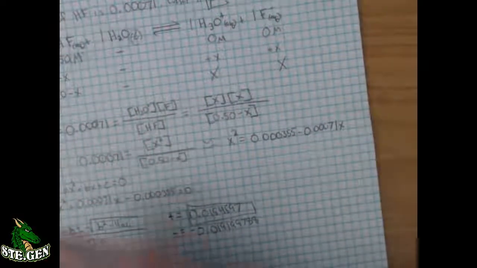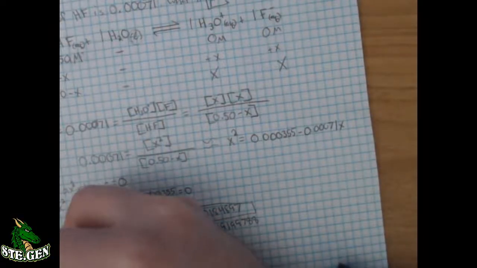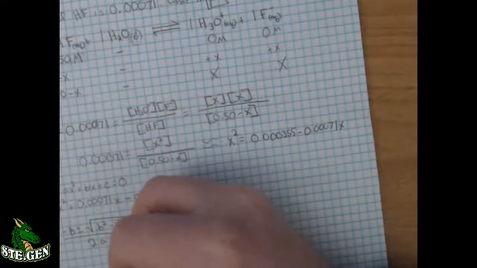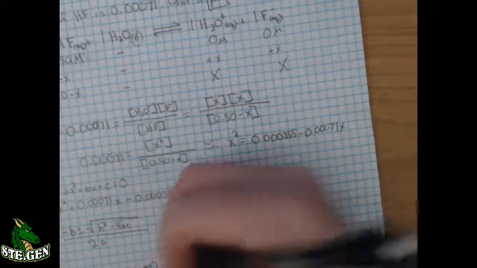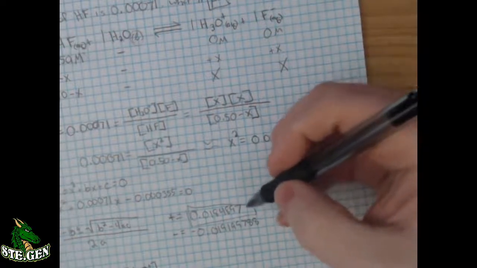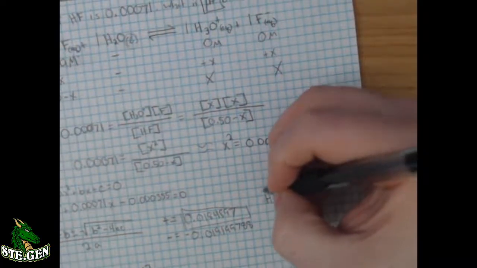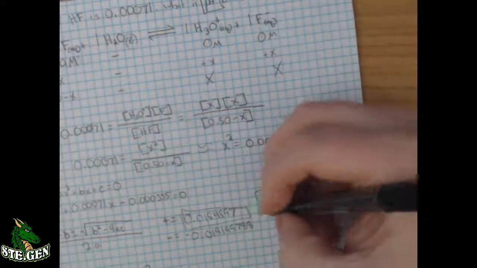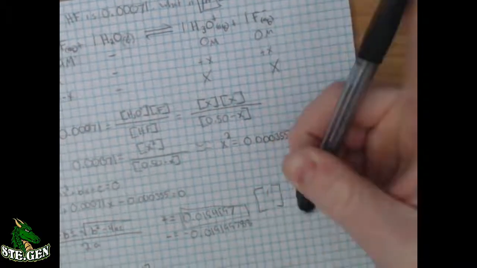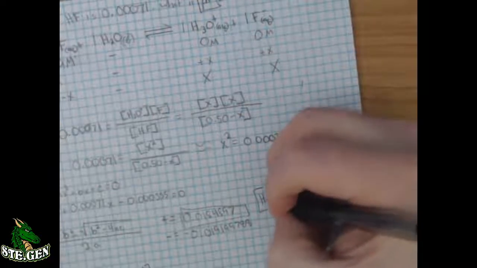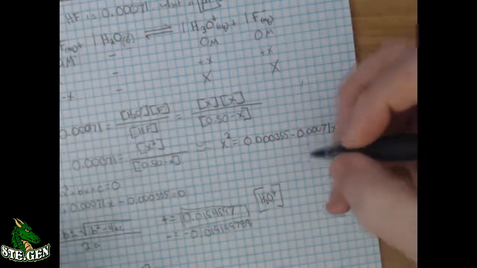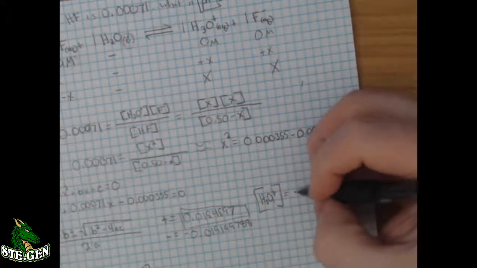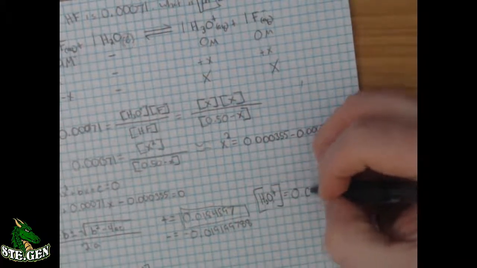And pH, if you remember, is equal to the negative log of the concentration of H plus or of H3O plus. So what I actually have to do, because my H plus concentration, or H3O plus, again, they're interchangeable, just to be consistent on this problem, we'll swap it to H3O plus. Our H3O plus concentration equals x, which in this case is going to be, to the correct number of sig figs, 0.018.